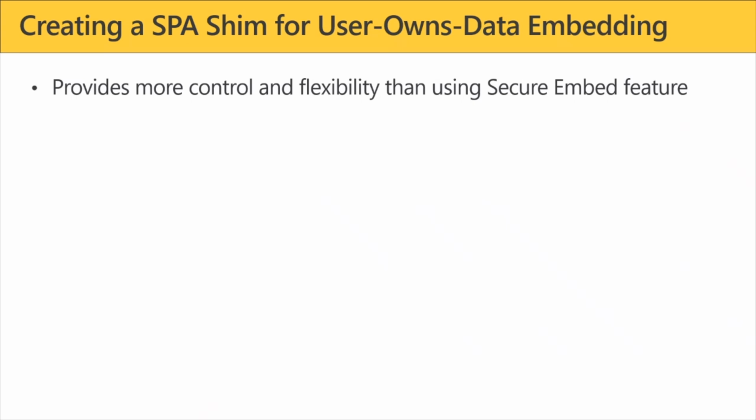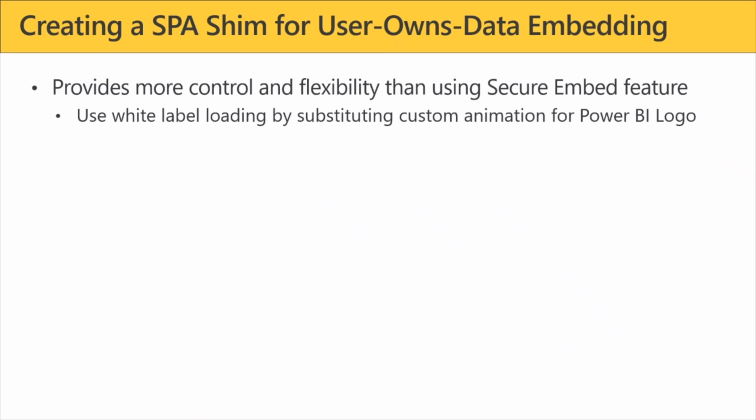It's about 100 lines of JavaScript that's going to allow us to authenticate and then implement user owns data embedding. Now, why do we do this? Because it's going to provide a lot more control than using the secure embed feature. So for instance, if you use secure embed, the user is always going to see the Power BI logo when the report is loading and before they log in.